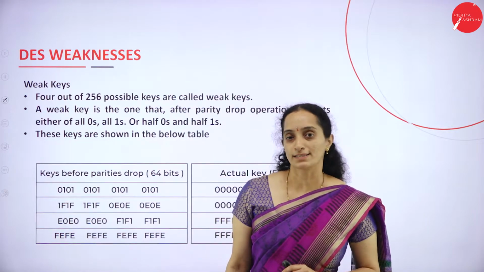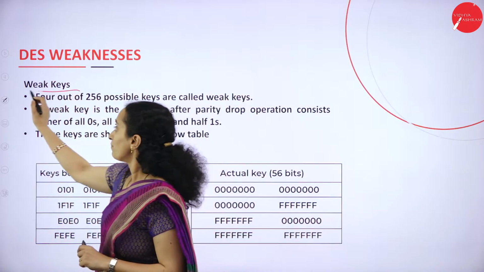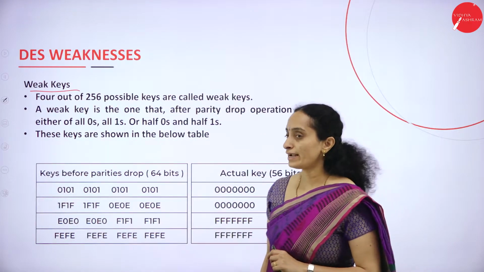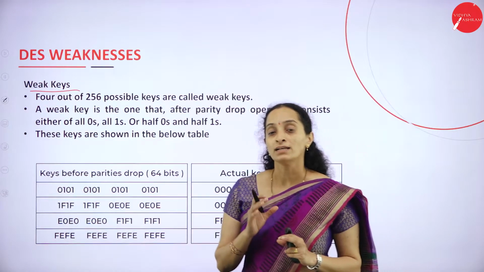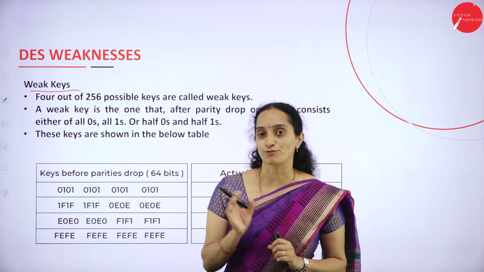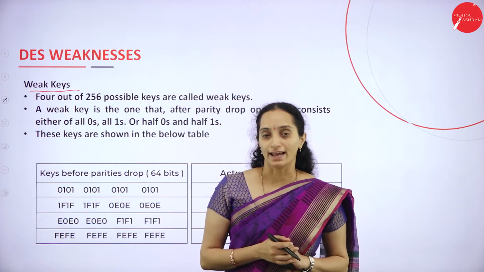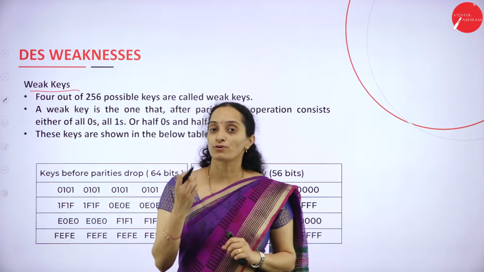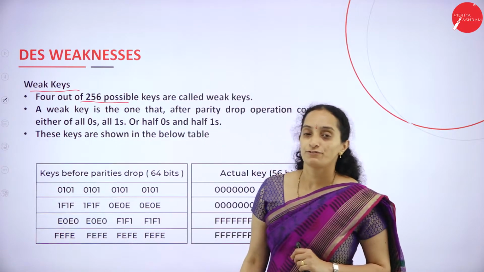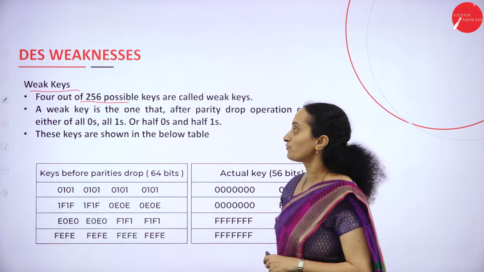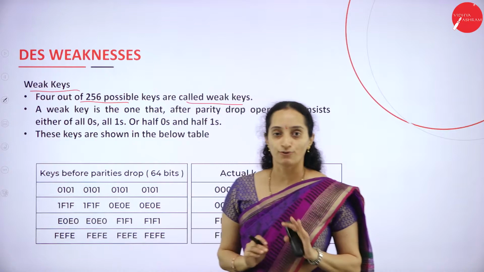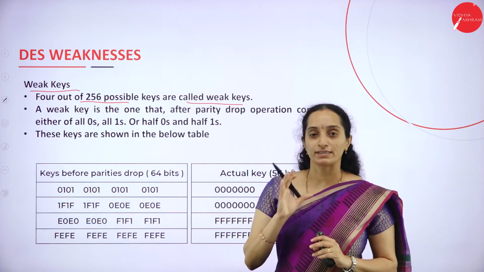The next concept that we can learn is about weak keys in the set of keys. We have a few weak keys in the 2 to the power of 56 key domain. With a 56-bit key you can generate 2 to the power of 56 keys. Four out of 256 possible keys are called weak keys.